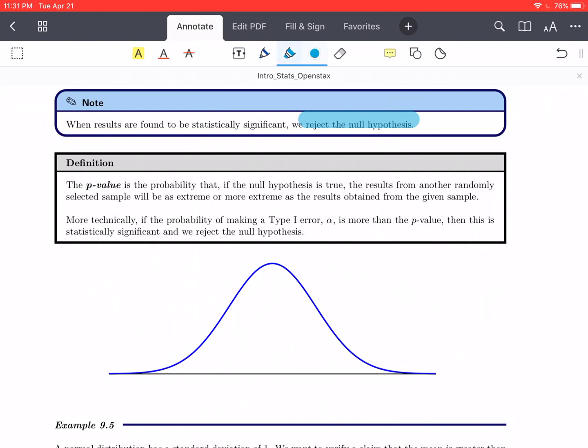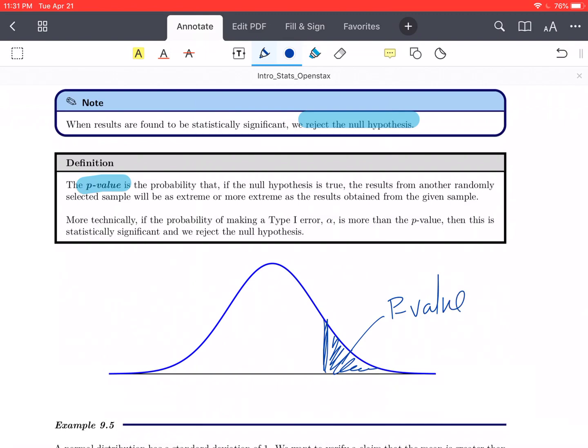The p-value is the probability that if the null hypothesis is true, the results from another randomly selected sample will be as extreme or more extreme as the results obtained from the given sample. So a p-value is a probability. It's going to be some area under this curve. This is going to be our p-value.